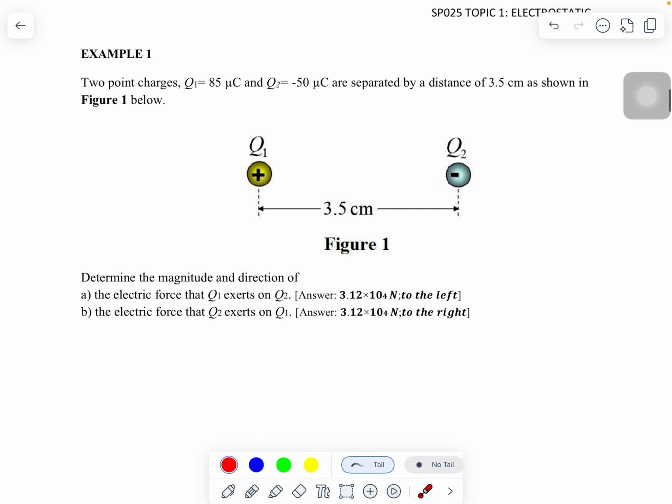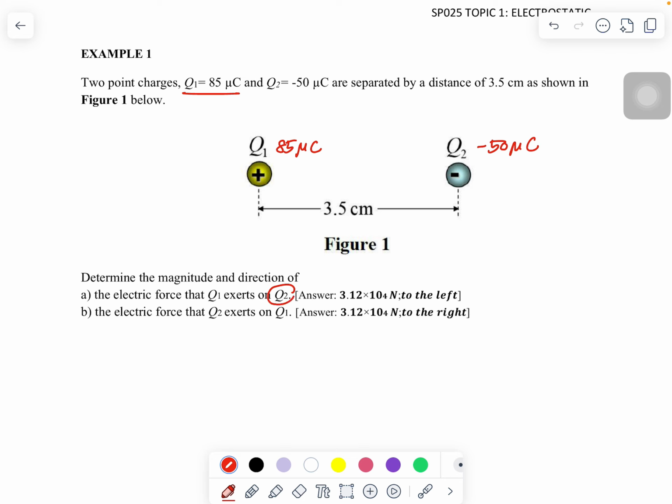Okay, kita tengok example yang pertama. Kita ada Q1 positif, Q2 negatif. So Q1 is 85 microcoulomb. Yang ini negatif 50 microcoulomb. And then distance between them is 3.5 cm. So first we want to determine the electric force that Q1 exert on Q2. Okay, so kita tengok dekat siapa yang kita mau.